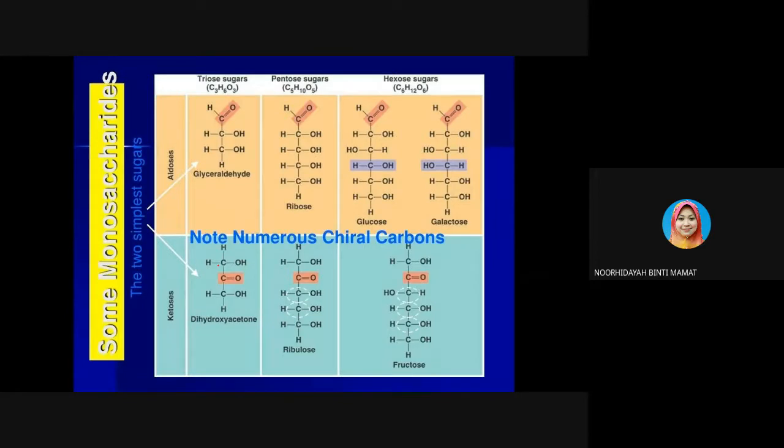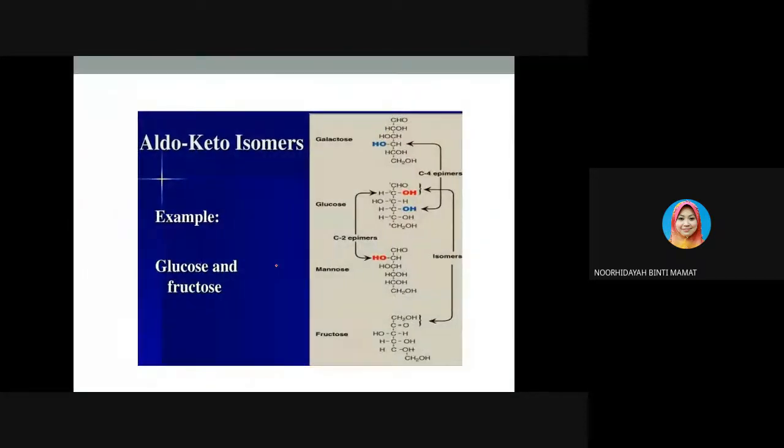They have the same chemical formula here, but differ in structure. This is what we call isomers, with numerous chiral carbons. So this is the aldo-keto isomer. Just now I already explained about glucose and fructose.